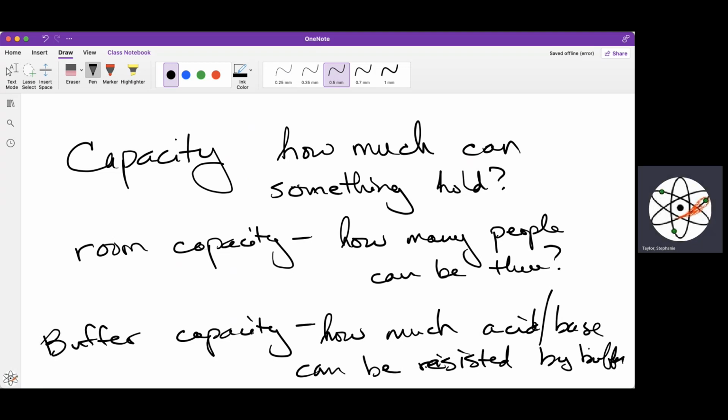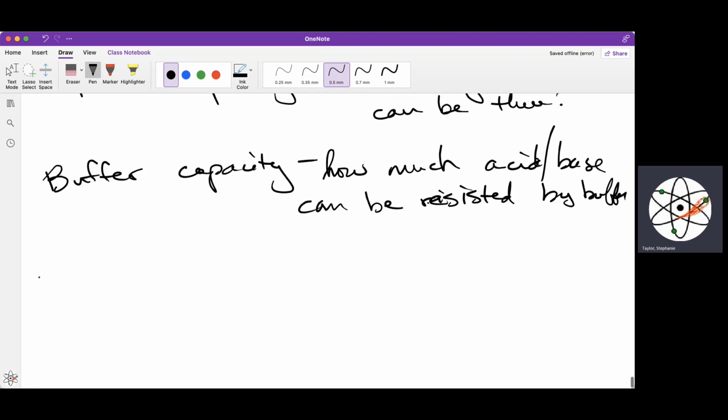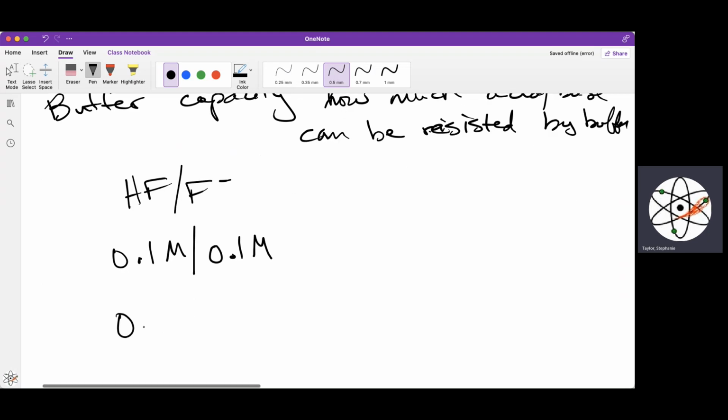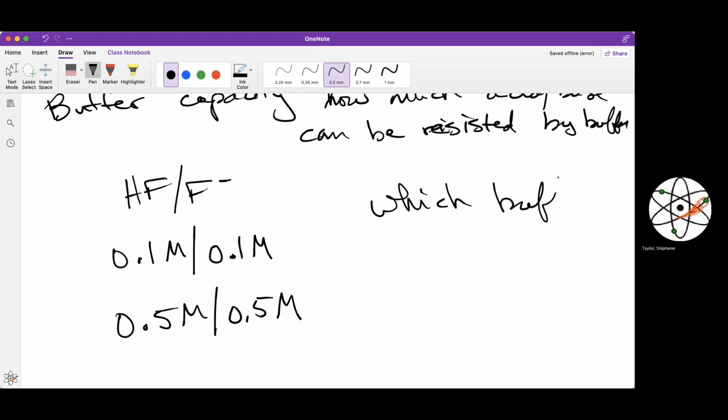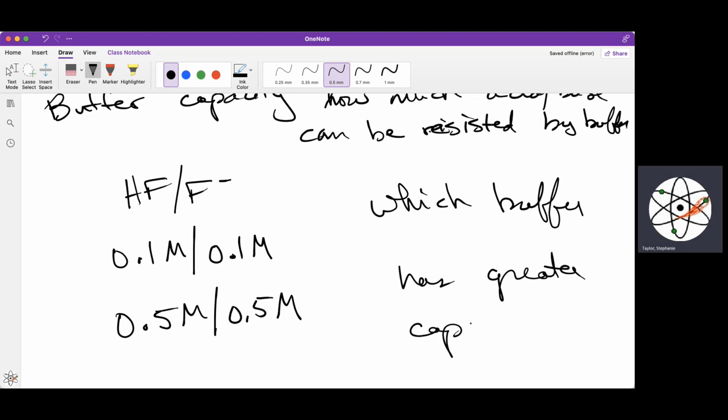Essentially, we want that buffer to be able to still work. To make my writing go faster, I'm just going to use HF and F minus. If I had this ratio and I told you I've got a couple of options for my buffer, a 0.1 molar of each, or a 0.5 molar of each, which buffer has greater capacity?